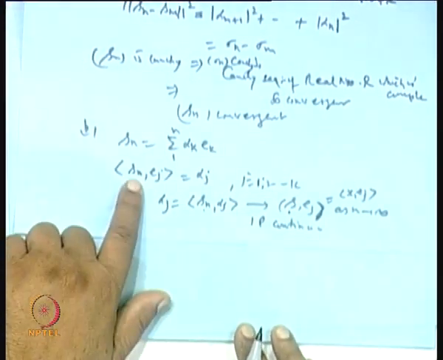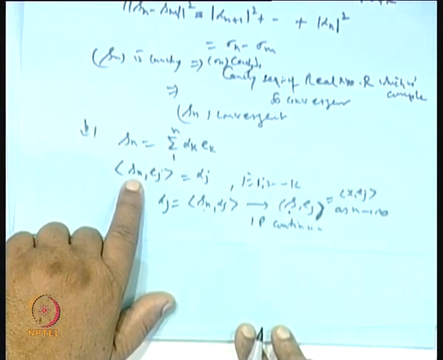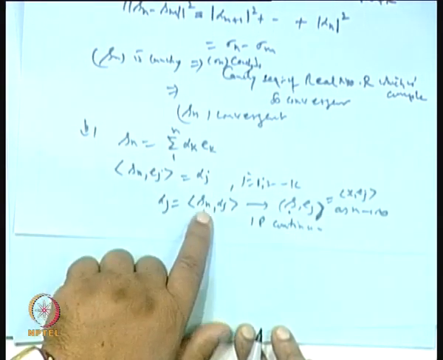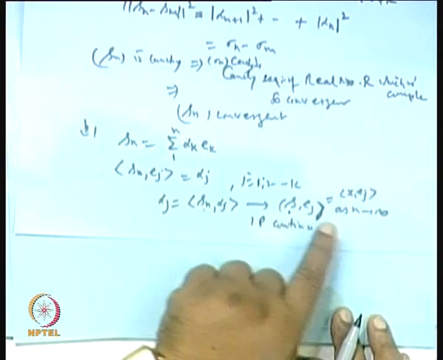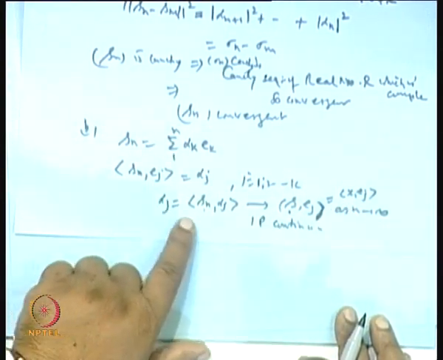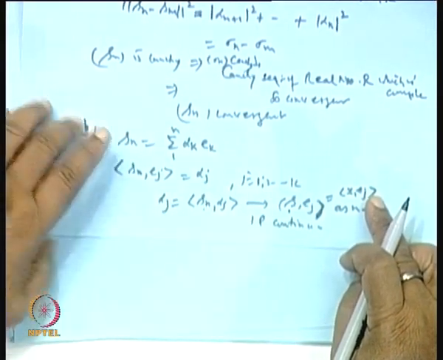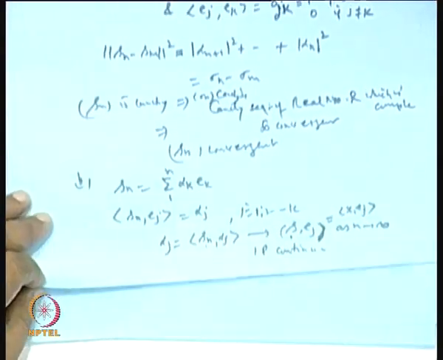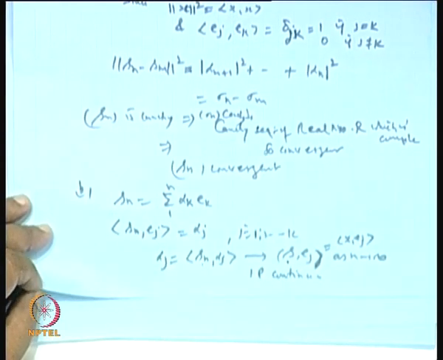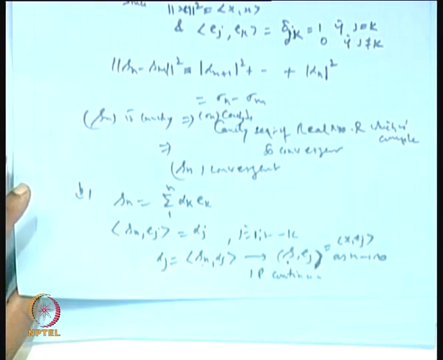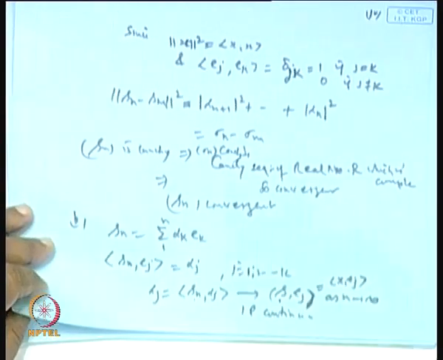For the second one, if I take the limit of this, what happens as n tends to infinity is the inner product of S and e_j, and S is nothing but x. So, as n tends to infinity, this alpha_j will go to this point. Okay. So, corresponding to the series, the second part is that x will be equal to sigma of the inner product of x, e_k times e_k. Okay. And the third one, that it converges in this form, follows from the first.